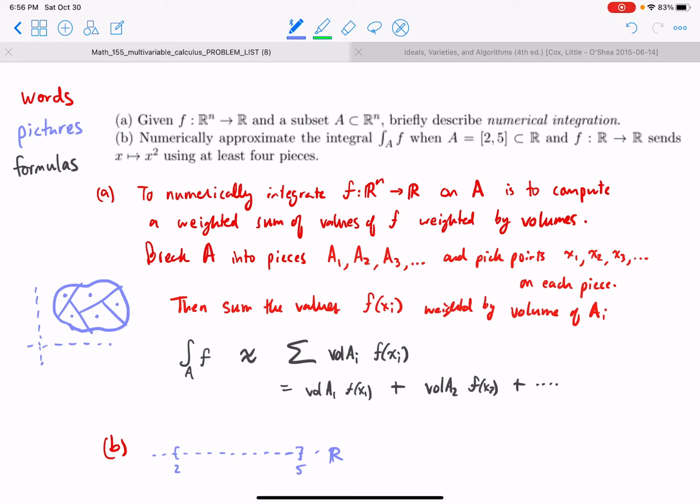How about, here's like 3, and here's 4. So how about this will be one of our pieces, this will be one of our pieces, and then maybe this will be one, because we have to break it into 4, so I need 2 more pieces, so I'll do these 2. So that's like A1, A2, A3, A4.